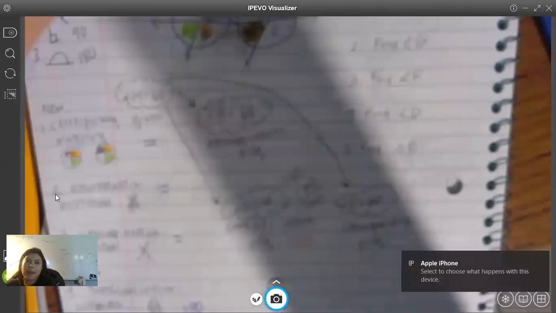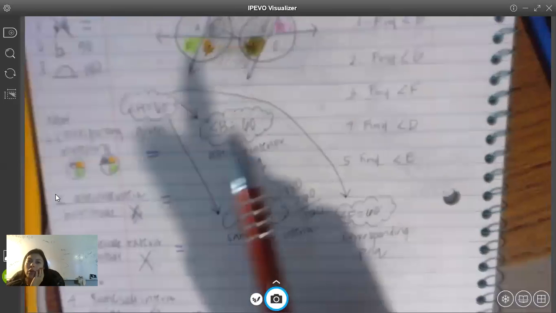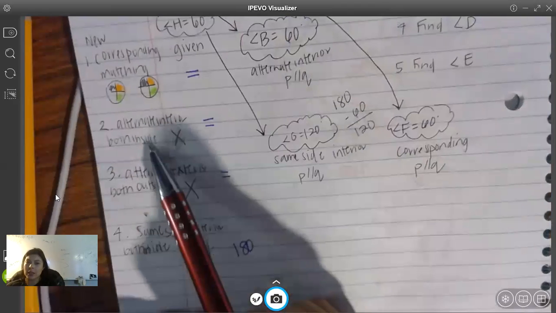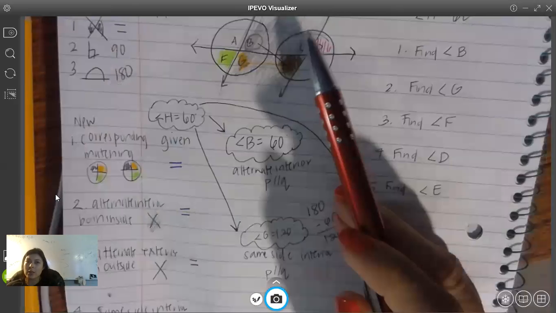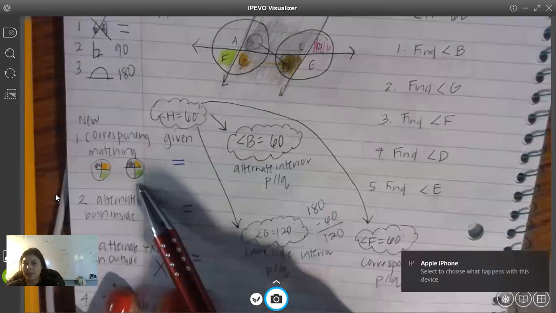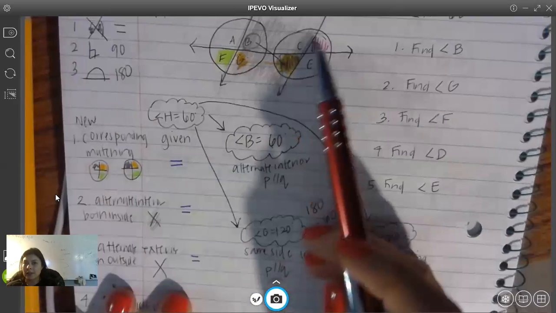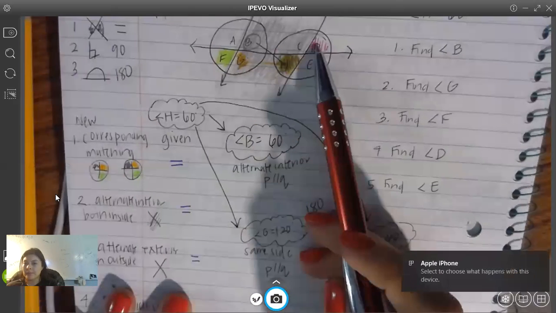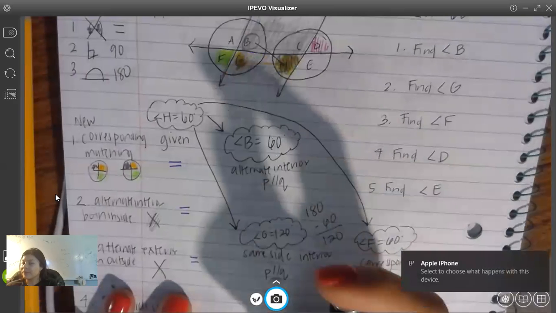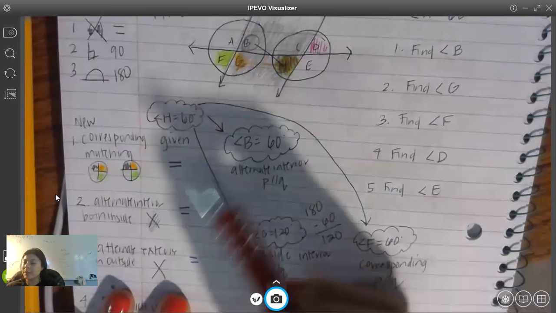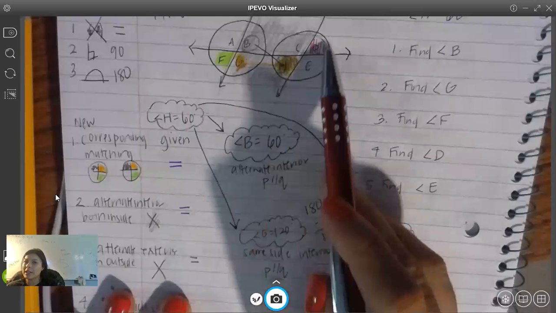So, let me ask you this, Michael, if it's not this one, right? Because this is both inside and outside, inside. One is outside, one is inside. Are they matching, Michael? H and D. No, because they have to be in different groups. Look, this is in the same group.